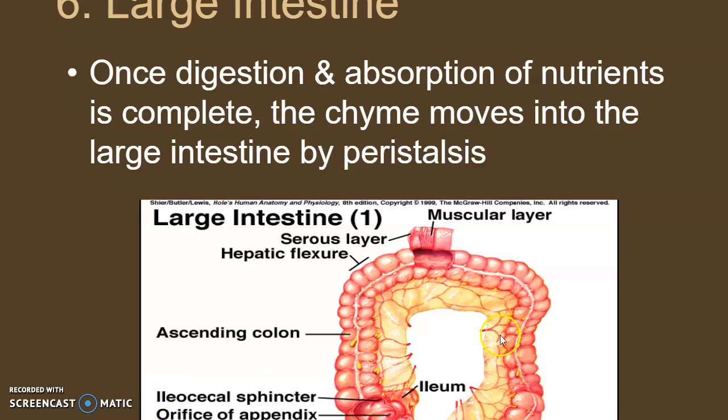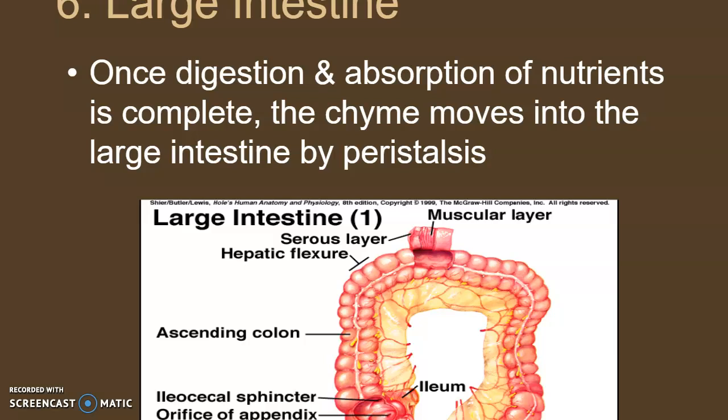So let's get started. Once digestion is complete in the small intestine and the useful nutrients that can be absorbed from our food matter have been absorbed from the small intestine into the bloodstream, the chyme that remains is pushed by peristalsis.